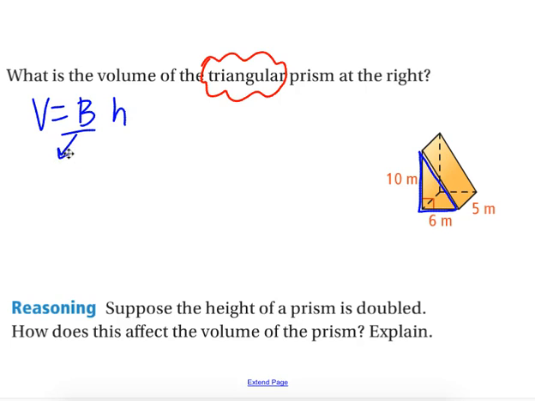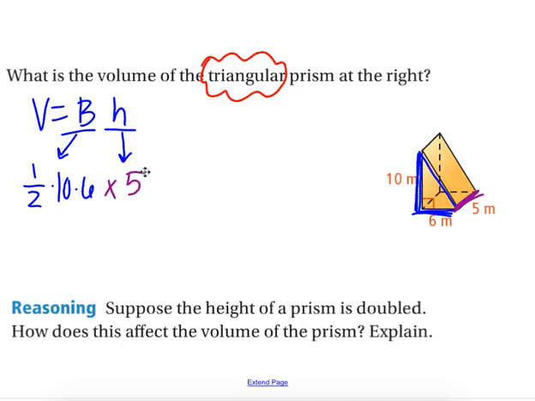How do you find the area of a triangle? Half base times height. Well, what's your base of that triangle? 6. What's the height? 10. So half times 10 times 6. And then the height of that prism, guys, how far is it going back? It's going back 5 meters, so times 5.